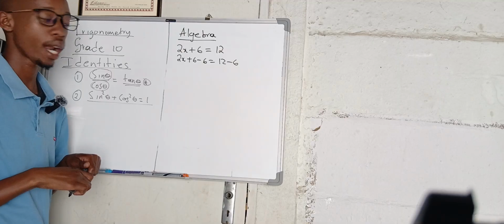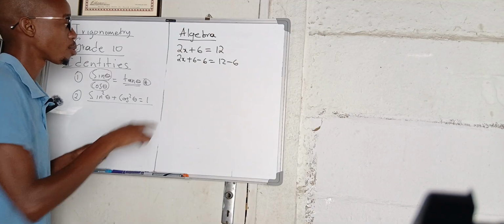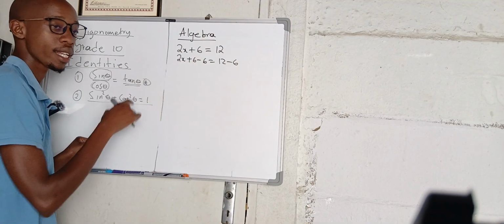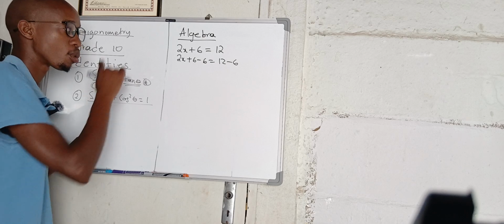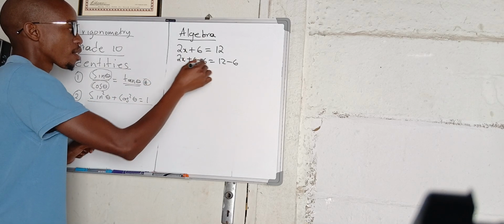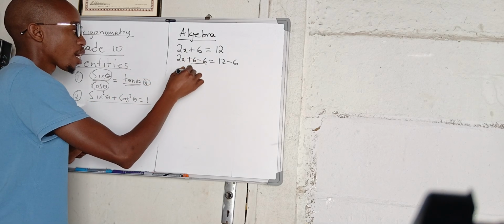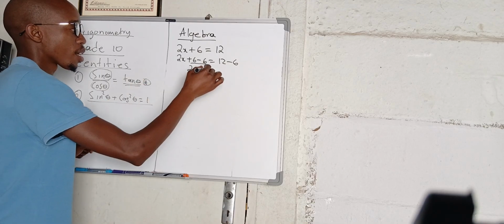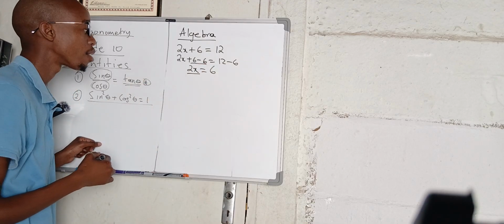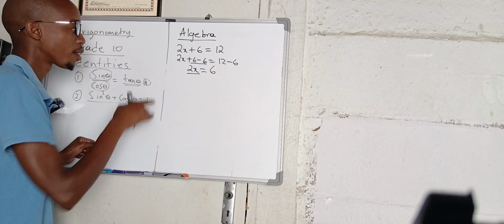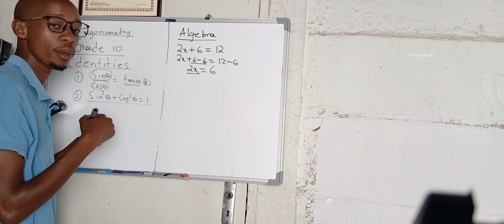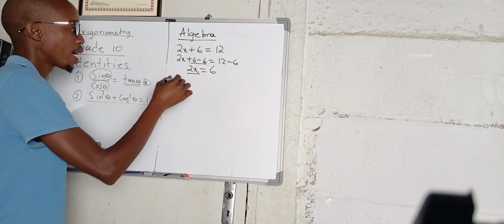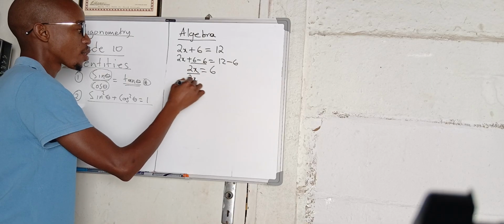What law did I apply? Additive inverses. Because I have a plus 6 here, I'm going to have a minus 6 here. What you do on the left, you also do on the right hand side. The sixes are going to cancel each other. I'll be left with 2x on the left hand side. Here on the right hand side, I have 6. And then here, I'm going to apply the multiplicative inverse, because I'm going to divide both sides by 2.